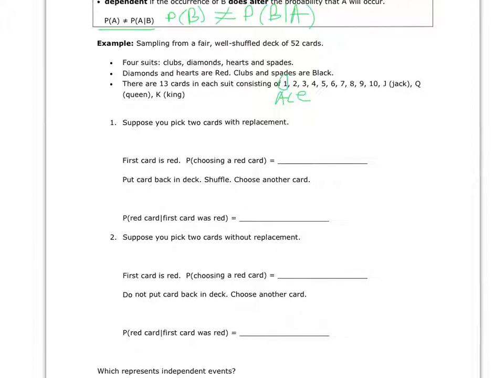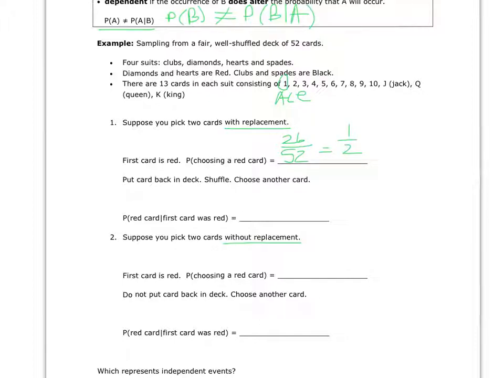Okay, so we're going to look at 2 scenarios. This first one, we're going to look at selecting cards with replacement, and the other one, we will select cards without replacement. So suppose we pick 2 cards with replacement, and the first card is red. The probability of choosing a red card out of the whole deck of 52 cards is going to be 26 over 52, right, which is 1/2.